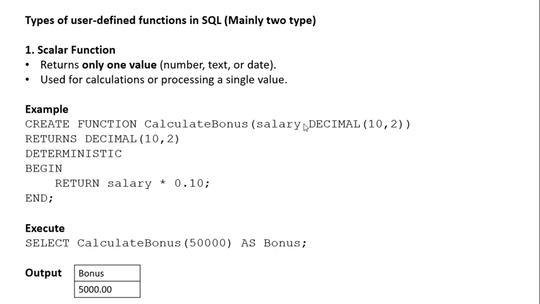This function processes 50,000, multiplies it by 0.10, and the result is 5,000 with two decimal places.